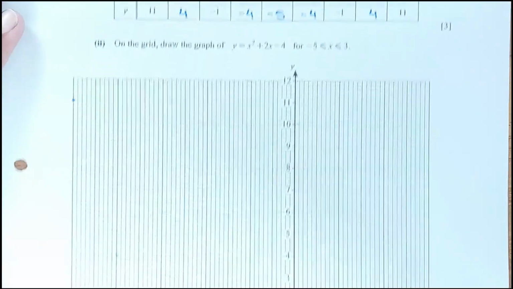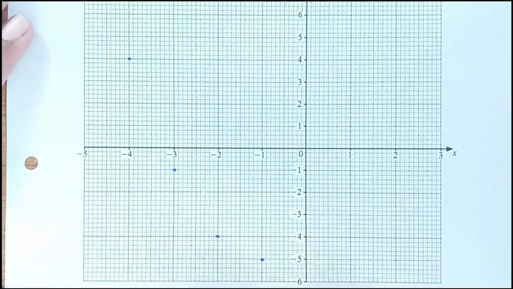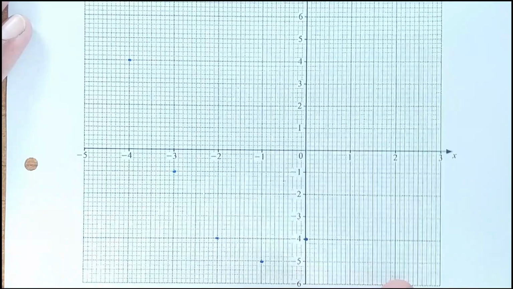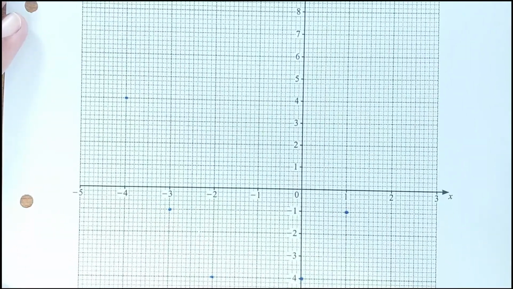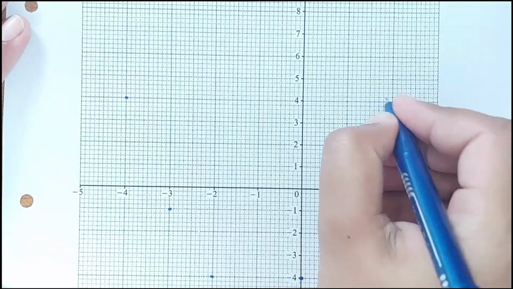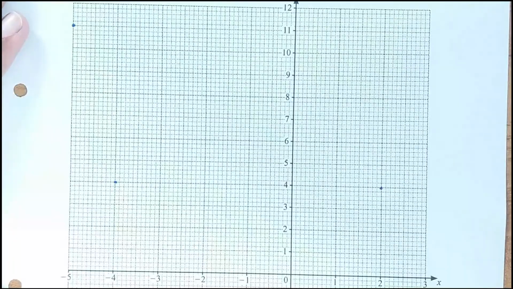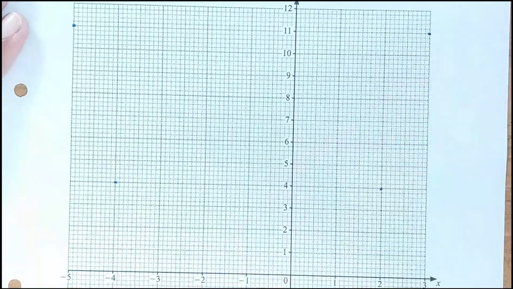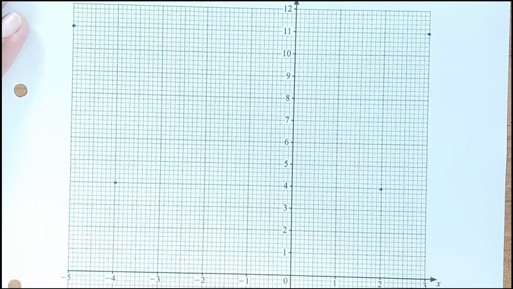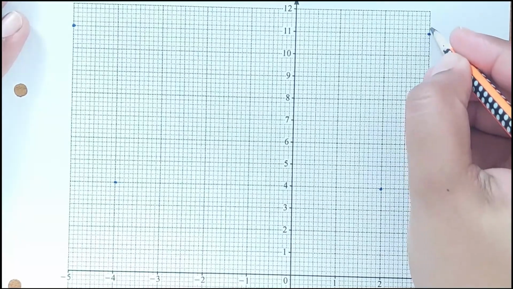At 0 it's -4, this point. When x is 1, y is -1. We have 2, 4. And the last is 3, 11. Okay, now let me connect all the points to get the curve.